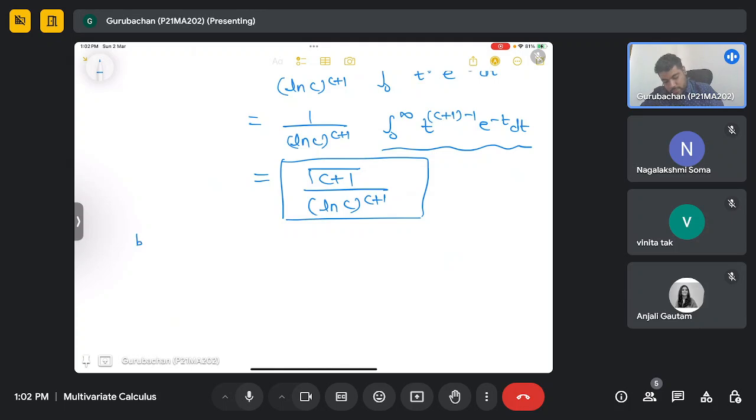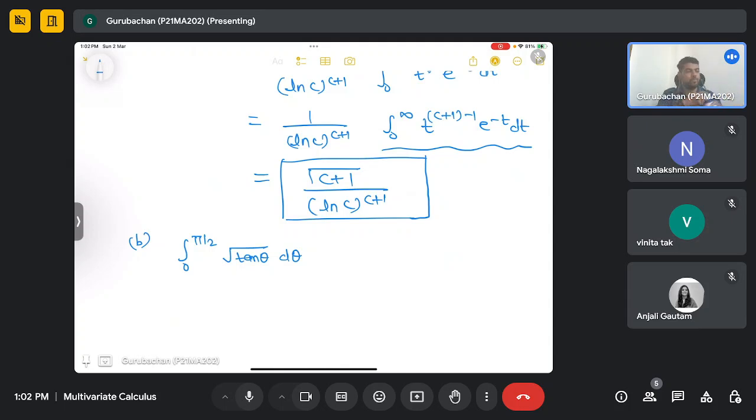So in the next part, we need to calculate the integral from 0 to pi by 2 of under root tan theta d theta. Now tell me what we can use here, how we can calculate its value, because it is not a normal integration.